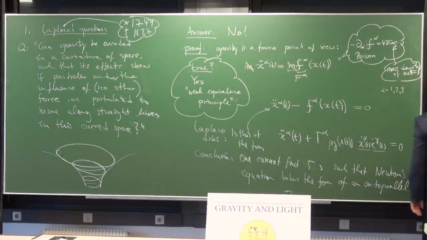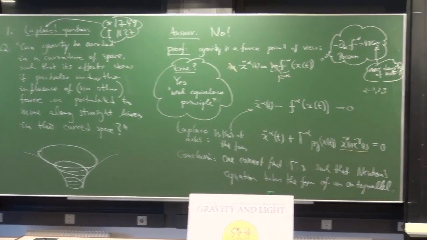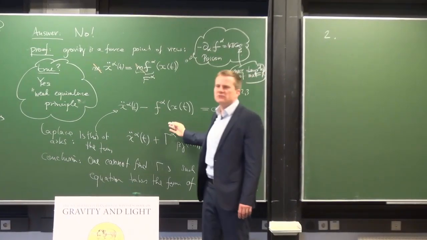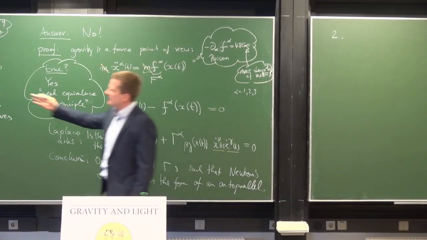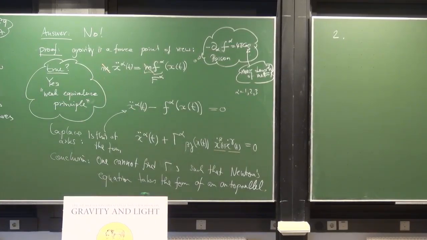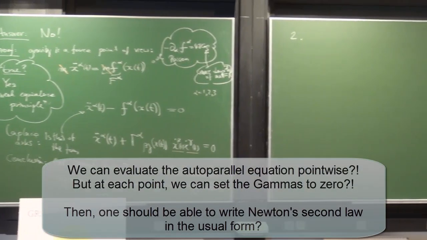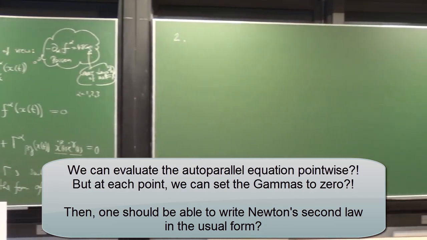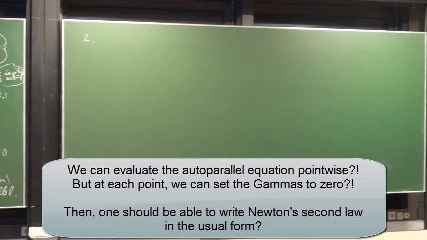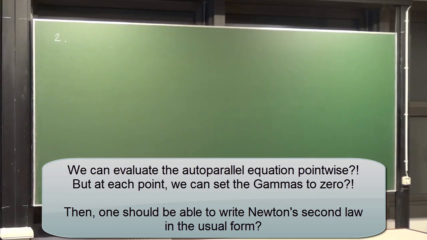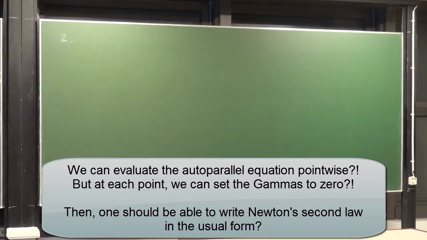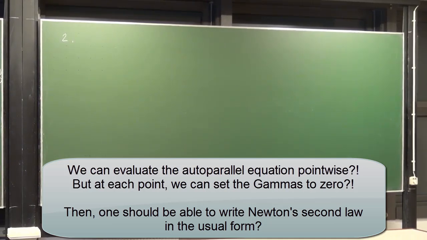Now, what can we do? We already learned something from our knowledge of the autoparallel equation, from our understanding that it describes straight lines. You have proven that gamma can be made equal to 0 at any point, but only at that point. Yes. That's another problem. But I would say then one can do it at least at this point.